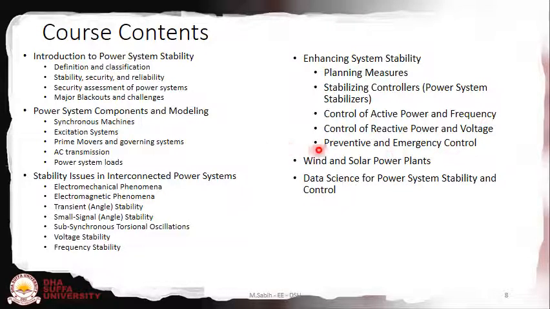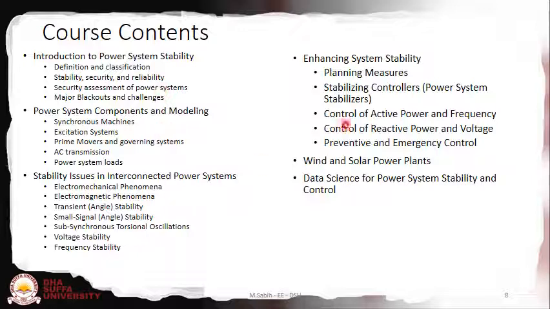Now by this time we will be ready to integrate some other renewable energy systems like wind and solar power plants, and finally the data science for power system stability and control. So these are the course contents.